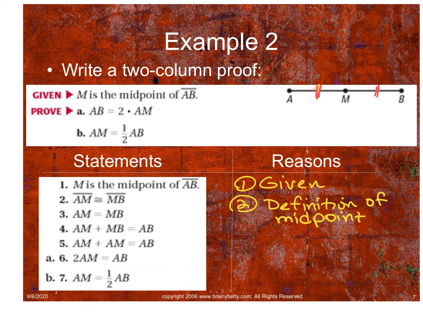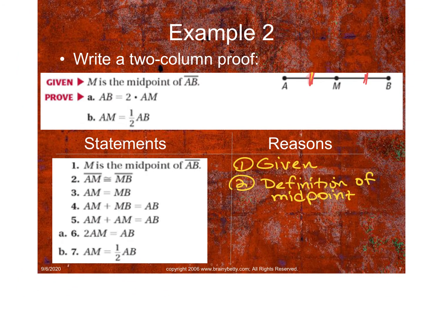Now, from step 2 to 3, what they've done is change that congruent sign to an equal sign. I'm okay with you skipping that step, but what the step is really doing is just showing you that you can change it from a congruence to an equal sign, and that reason is the definition, I'm going to abbreviate definition to DEF, of congruent segments.